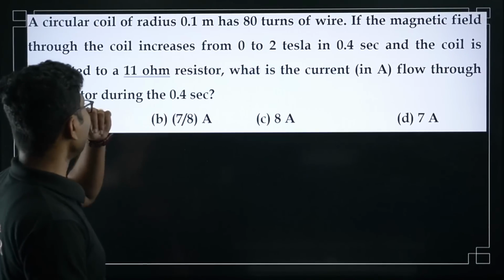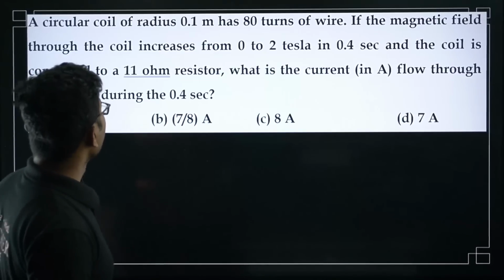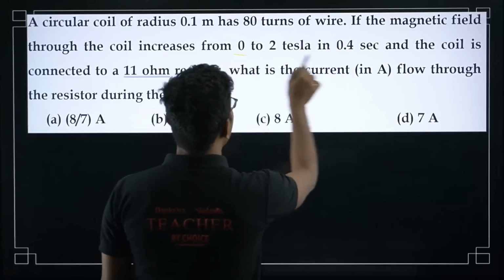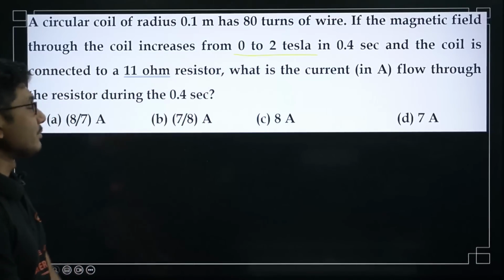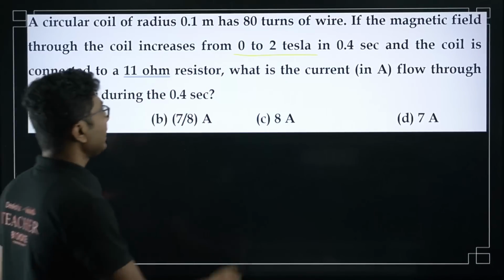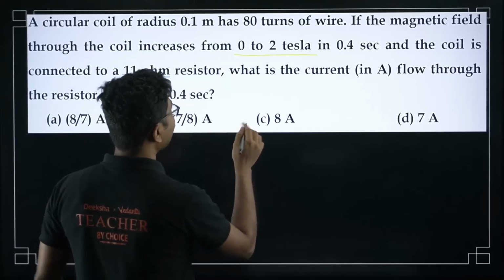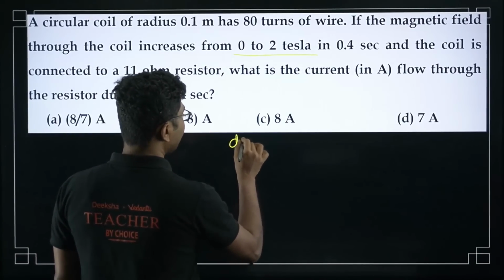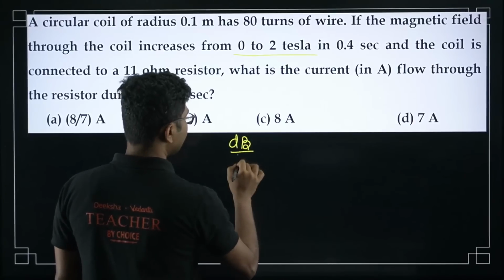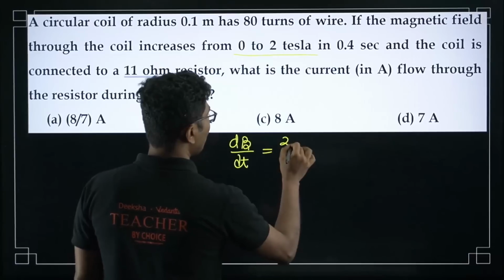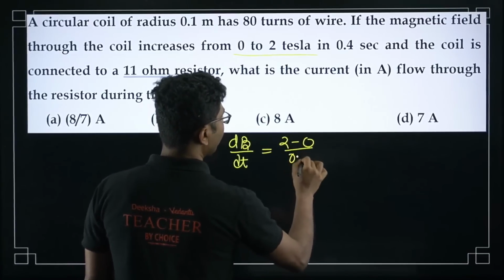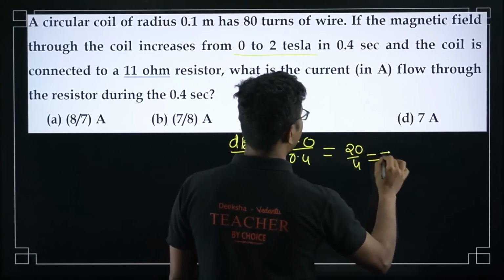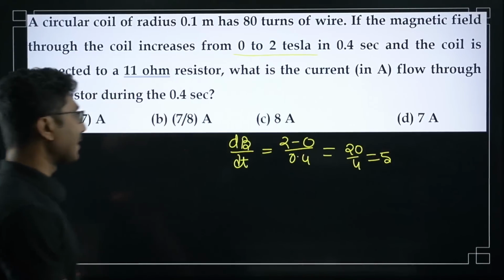So here we have the magnetic field through the coil changes from 0 to 2 Tesla in 0.4 second. Okay, so here we see that change in magnetic field dB by dt is given by 2 minus 0 by 0.4. So it will be 20 by 4, that is 5. Okay, so dB by dt we have calculated.